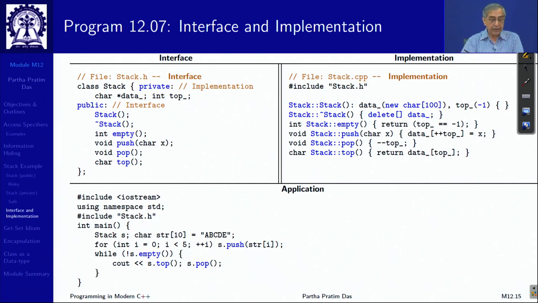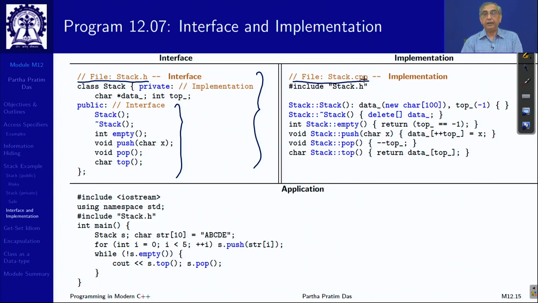So, to formally specify, this is my interface. I am showing another style, where in the class which I will put in a header file, I put the data members as private, and for the member functions I have just put the prototype, just a signature, not the actual implementation as I was doing.